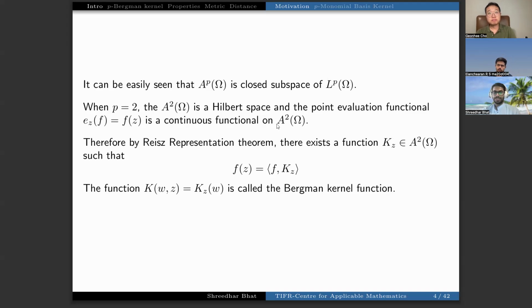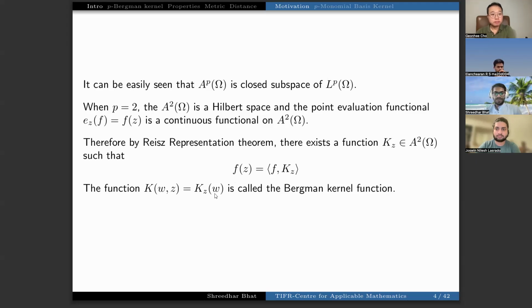Now, by the Riesz representation theorem, you know that the dual of A2, any Hilbert space, is itself. So there exists a function k depending on z, such that this evaluation functional is determined by this function k.